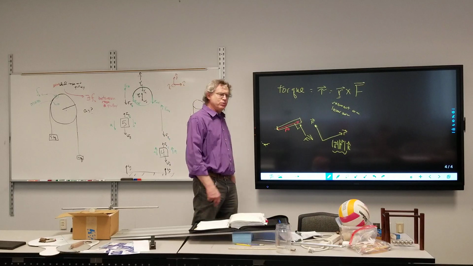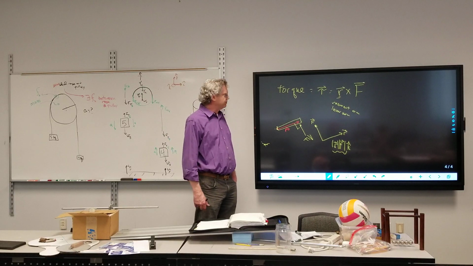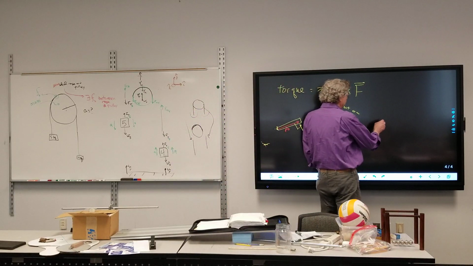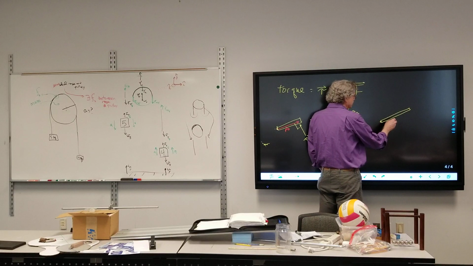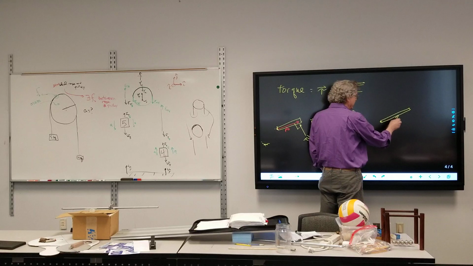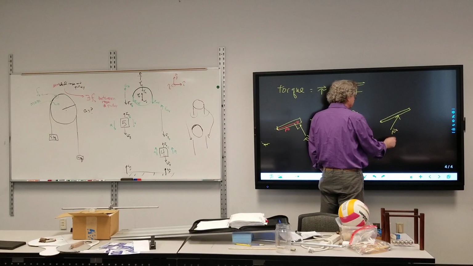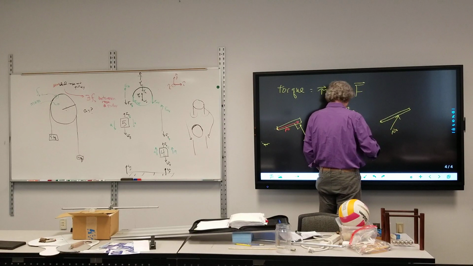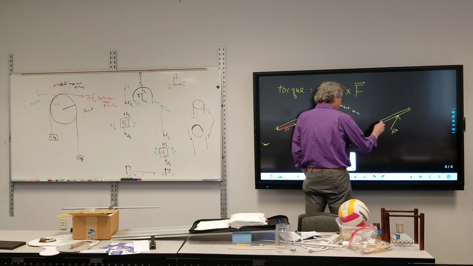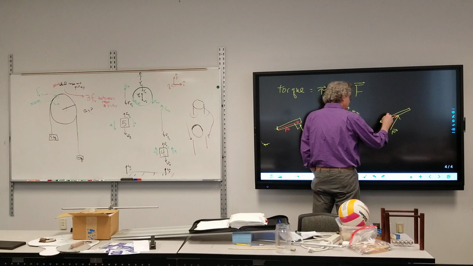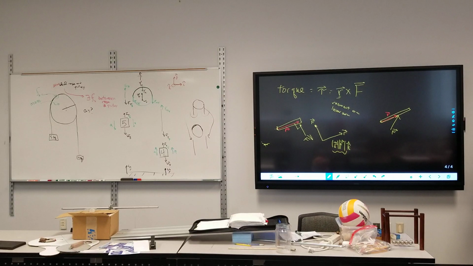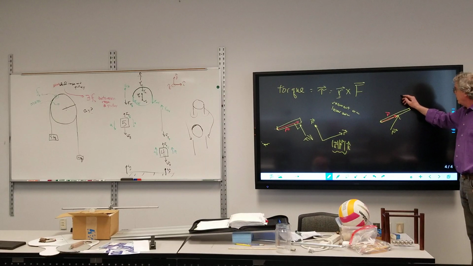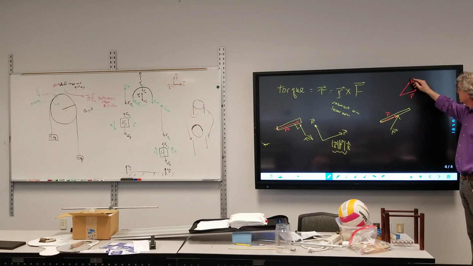All right, suppose it's not at a right angle. So I got my door right here, and this time I apply a force like that. Figuring out the direction of the torque, same thing. I have R going in that direction, F is going in that direction.